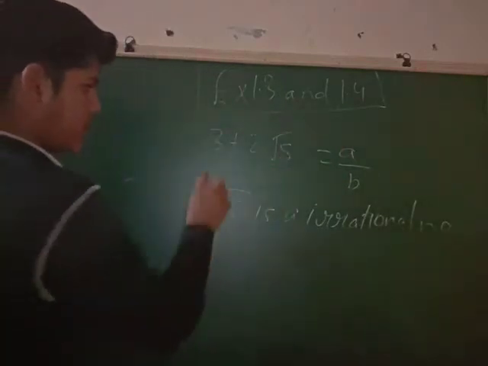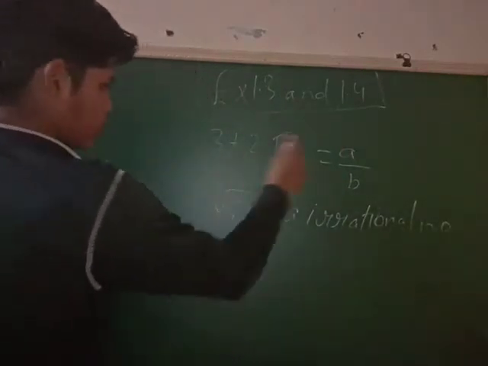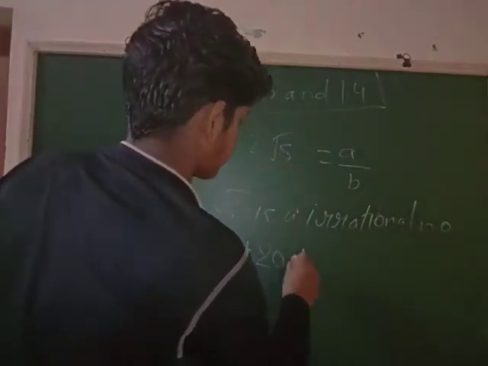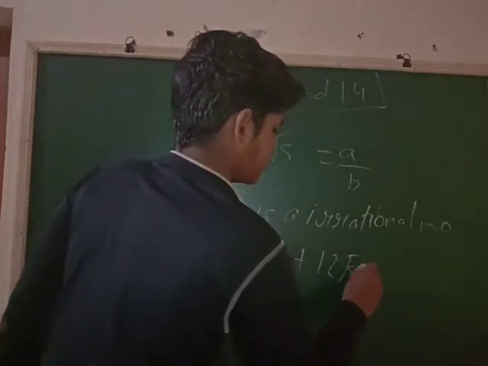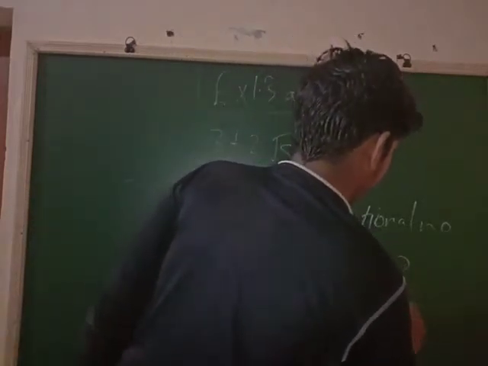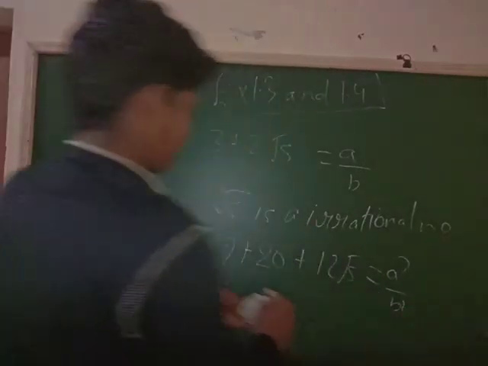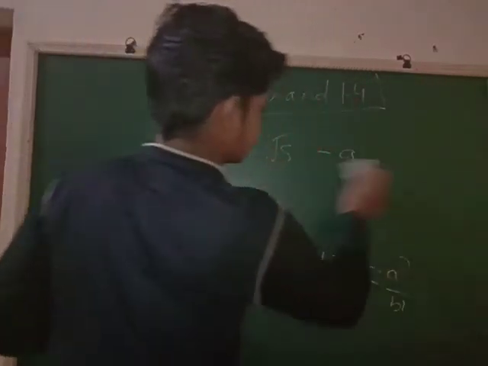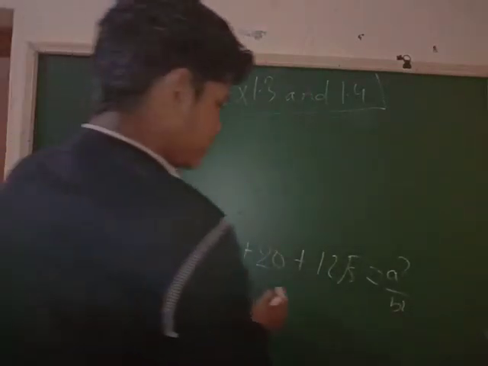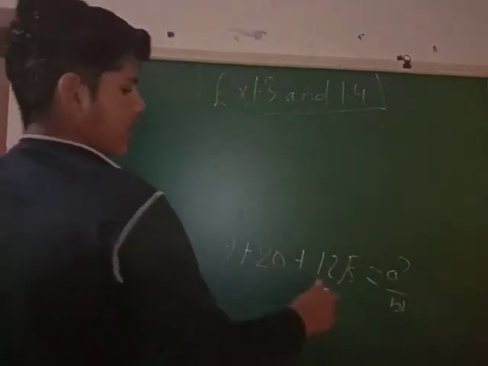Square both sides. 3 3 is 9 plus 2 2 is 4, 20 plus 12 root 5 is equal to a square divided by b square. Now simply take all these things to this side. Take all these things to 29.